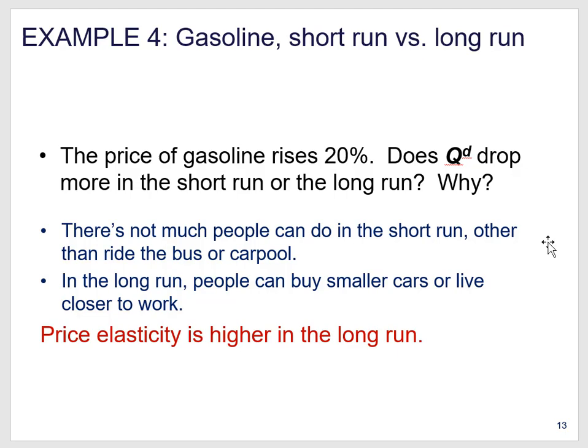The reason is that in the short run we aren't able to replace our cars or vehicles, so we will have to buy gasoline. However, in the long run, we may buy more efficient cars, or maybe electric cars, or maybe even just ride a bike to work. So depending on the time horizon, price elasticity changes, and price elasticity is usually higher in the long run. So in the long run, demand for cars will decline if gasoline prices rise.